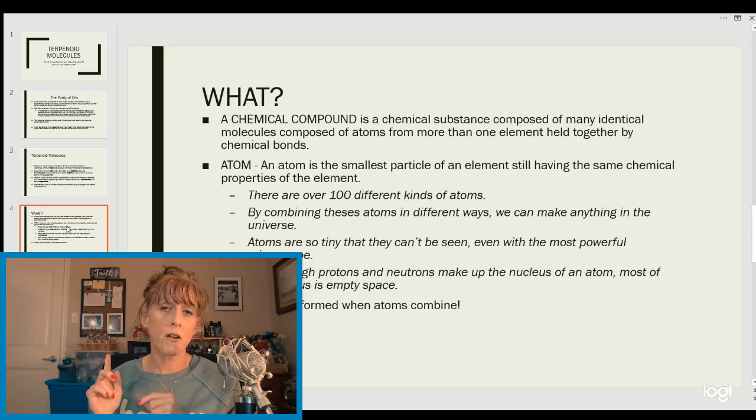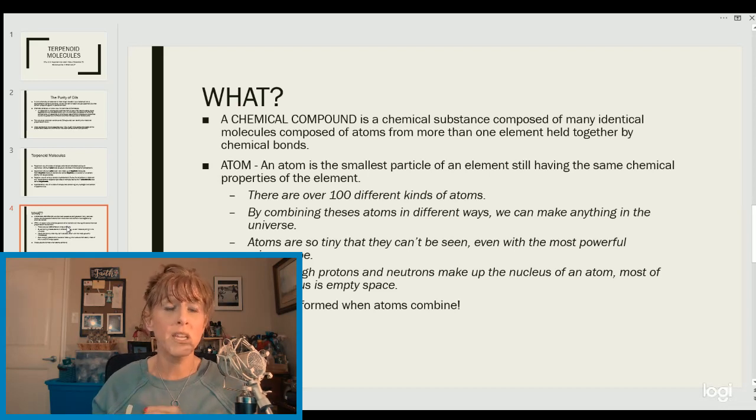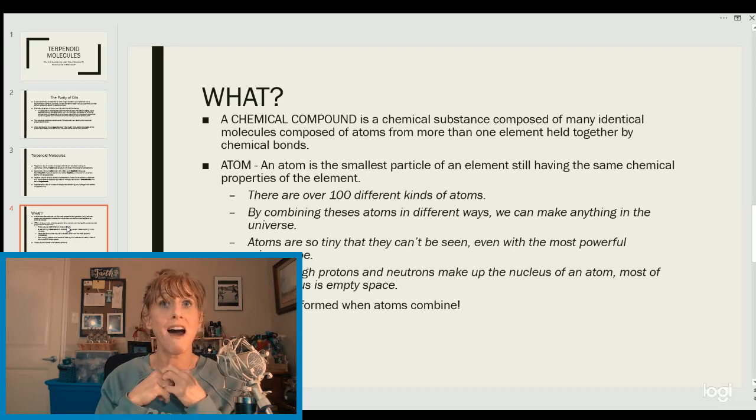There are over 100 kinds of atoms, so by combining all of these atoms in different ways, we can make anything. Atoms are so tiny you really can't see them, and that's why it's so cool when you start combining things and you have compounds and molecules. You can actually see those, okay?